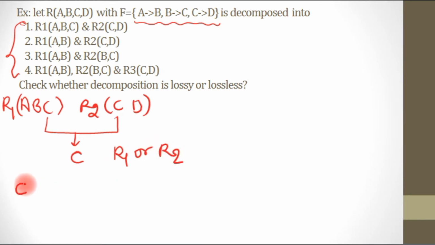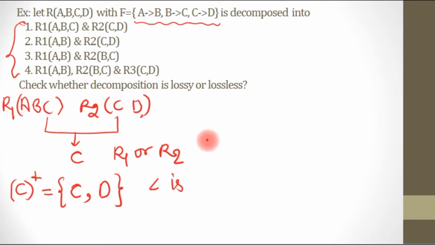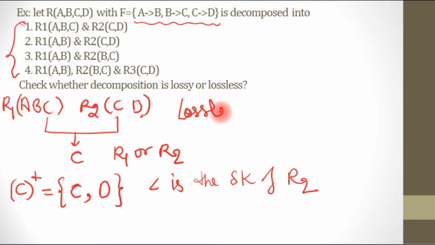For this we have to find the attribute closure of C. C determines C, C determines D. So we can say that C is the super key of R2. Hence, this decomposition is lossless decomposition.